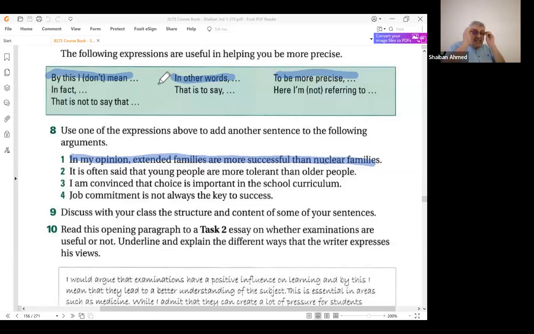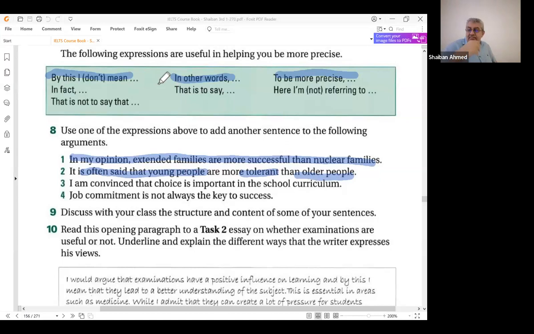Now, 2, it is often said that young people are more tolerant than older. What's the meaning of tolerant? Not talent, tolerant, متسامح, متفتح, متفهم than older people.